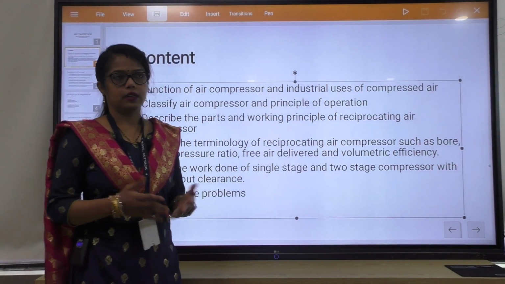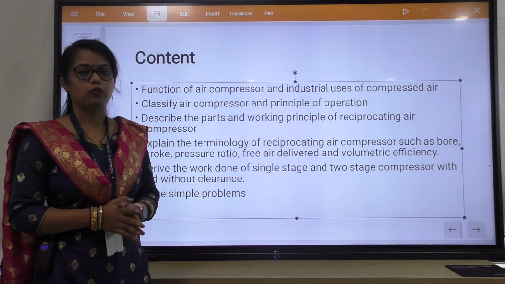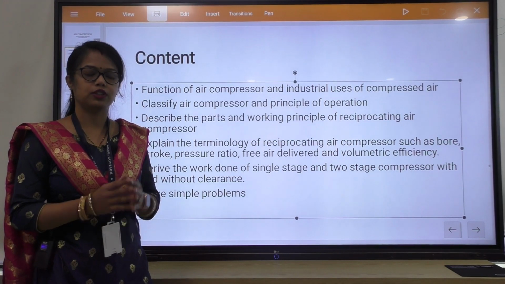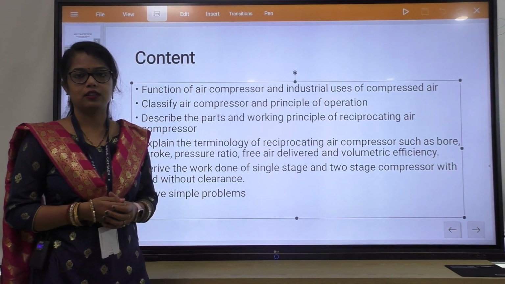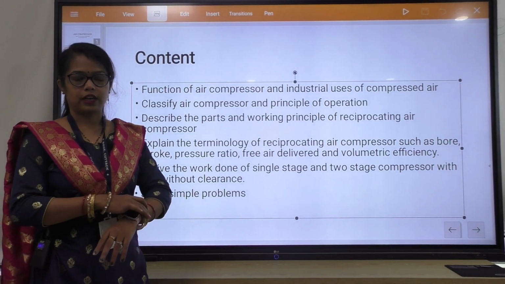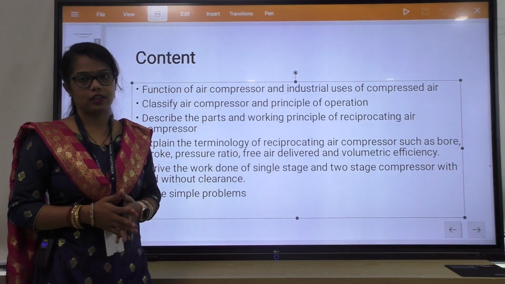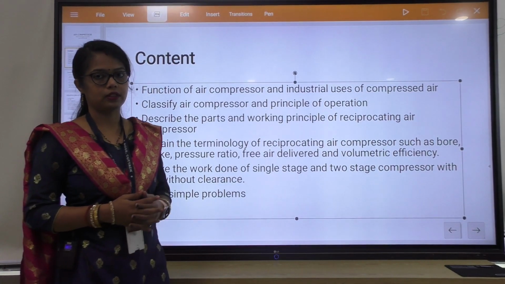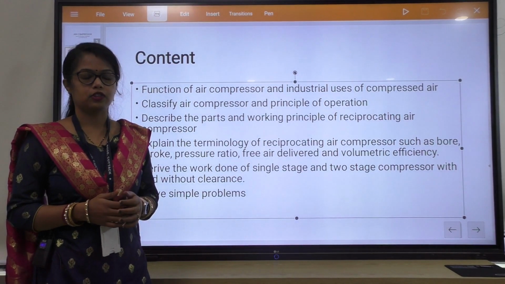Okay, and I just want to remind all of you, in the air compressor part we have already studied the different parts, that is valves, piston, cylinder, motor and other arrangements. I had told about multi-stage air compressor, the intercooler part, and single acting, double acting air compressor.